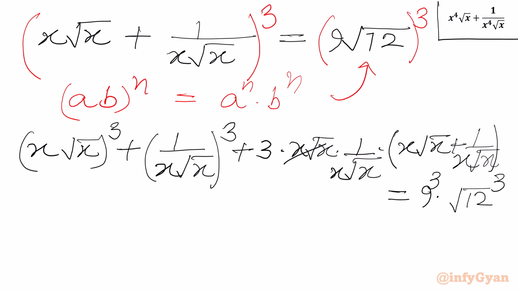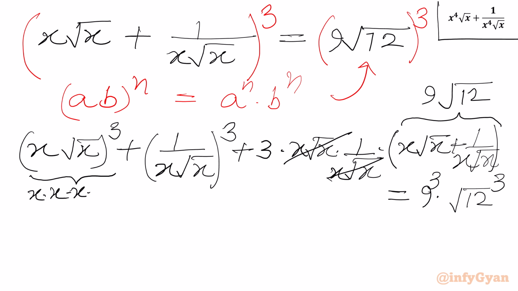Now in LHS these two terms will be over, and here we can write 9 root 12. Now x root x whole cube, we will write x times x times x, then root x times root x times root x. So we will get x cube from here, x from here, once we take the product. So x cube times x power 4, and then we have only single square root x left.